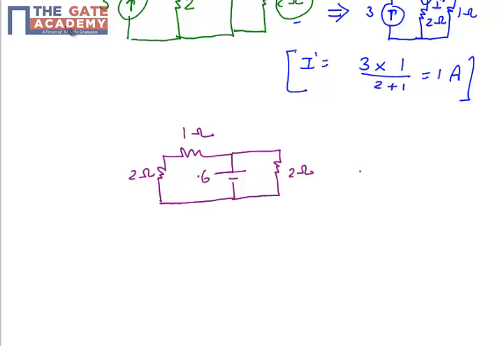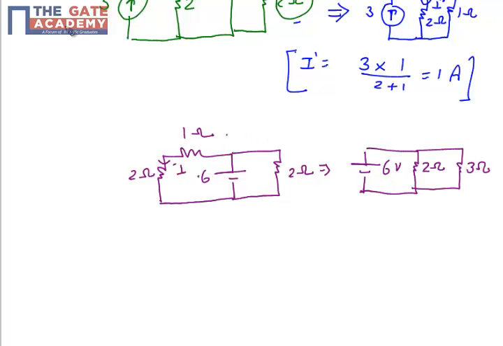So effectively we have a network with a 6 volt source, a 2 ohm resistor, and the 1 ohm and 2 ohm in series, that is 3 ohms. I'm interested in the current across the 2 ohm, which is the current across the 3 ohm in this case, which will be I double dash.